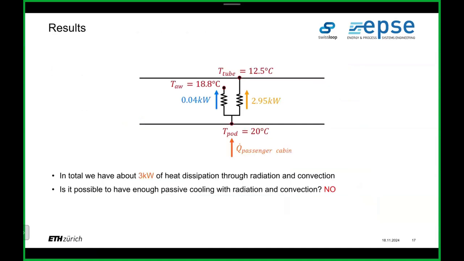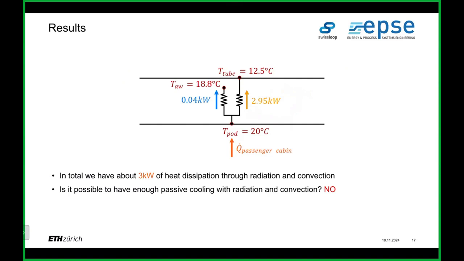Good. So then you can see here the results of the convection and radiation of the passive cooling, basically. We have about 3 kilowatts of heat dissipation through radiation and convection, and the bigger part is radiation.